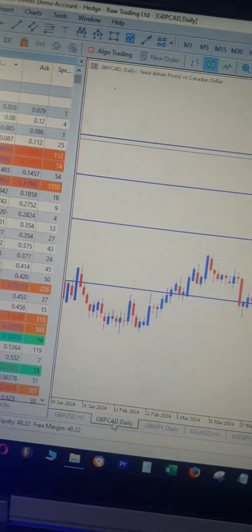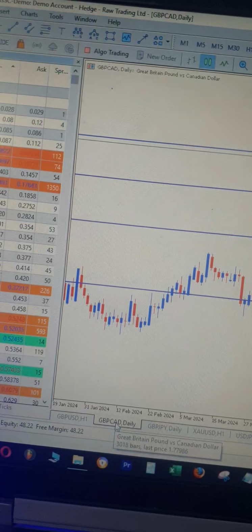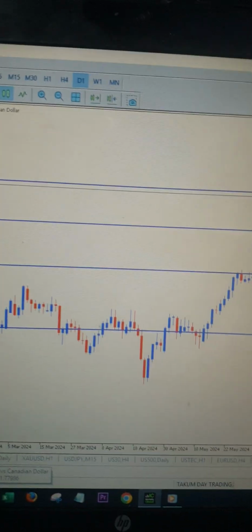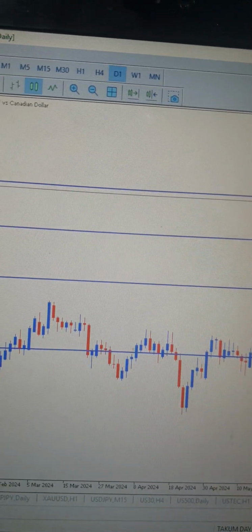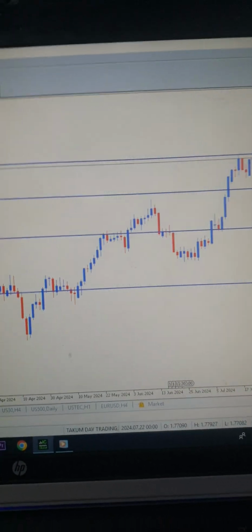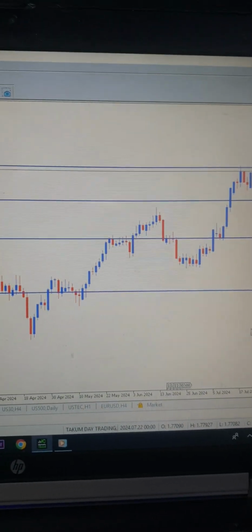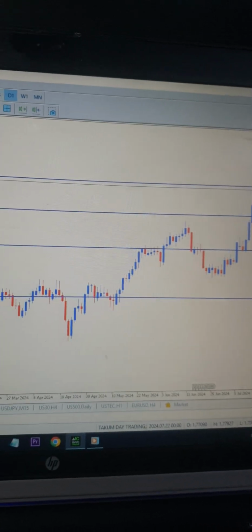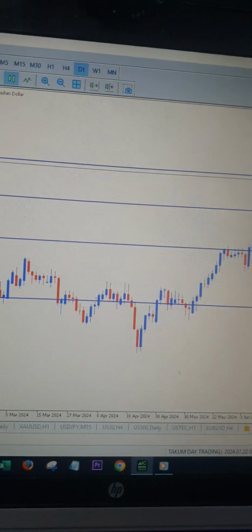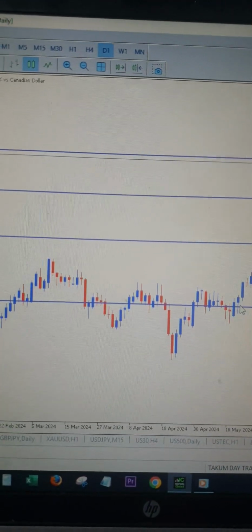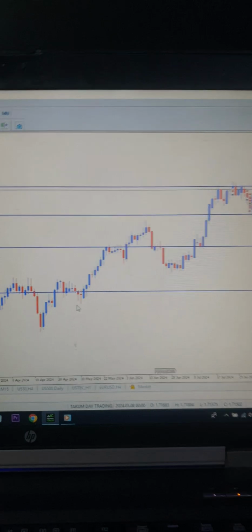We have GBP CAD, that's Great Britain pounds CAD. Now I've maybe actually drawn some support and resistance levels. I've not done any analysis with maybe psychological levels, but that is the one I actually want to settle on at the end of the day. Because I just want to keep things very simple, I'm drawing my trend lines, my support and resistance.